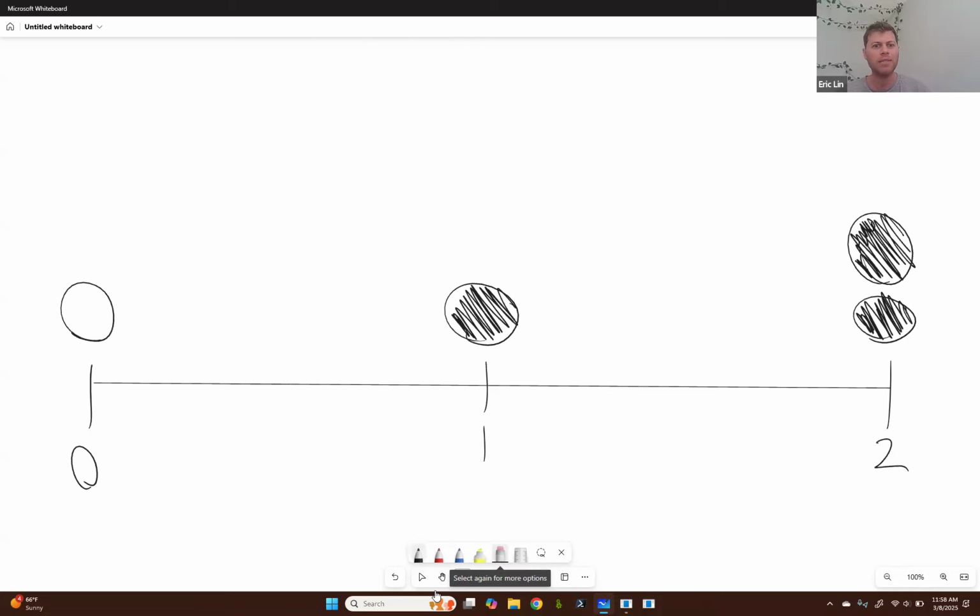As a matter of fact, I would like us to see if we can plot some of these, if we can put some of these in the correct spot on the number line. So I'm going to give you 1/2, 1/4, 3/4, and 7/8.